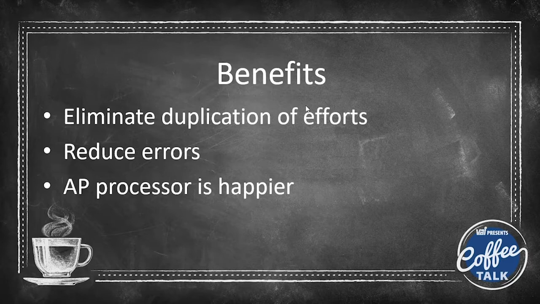Now, obviously, simplification is usually always better. And for this process especially, we are going to eliminate the duplication of efforts and reduce errors. What I mean is that you're probably today going into your system, S2K or otherwise, looking for all of your ACH invoices that you're going to pay.